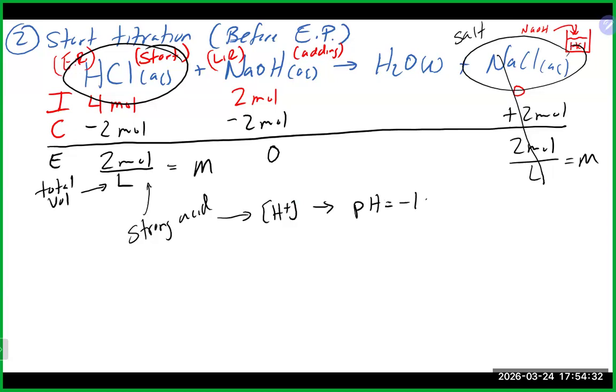So once you add the first drop before the equivalence point in this type of titration, you do need to do 1 ice table. Really, the whole purpose of the ice table in this case is to figure out what is your new concentration of your strong acid that you're going to have as a result of reacting with the sodium hydroxide. Any questions on that there?